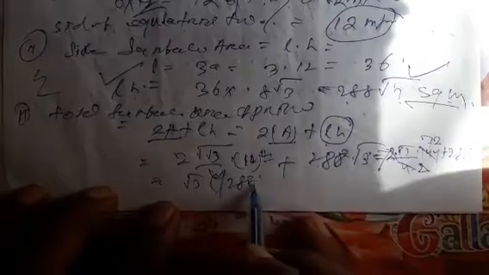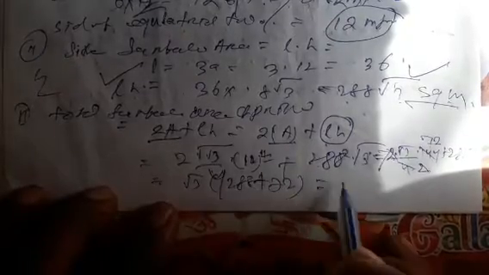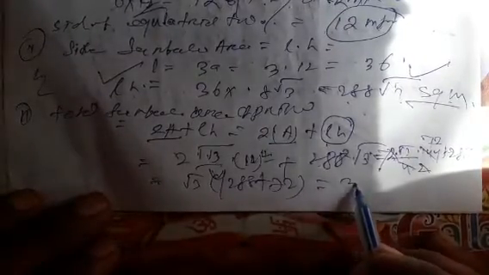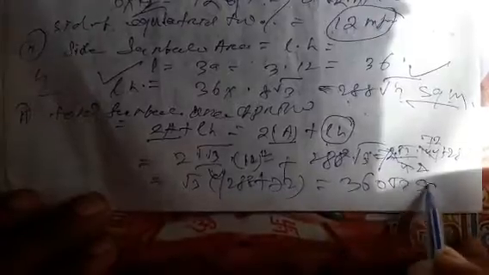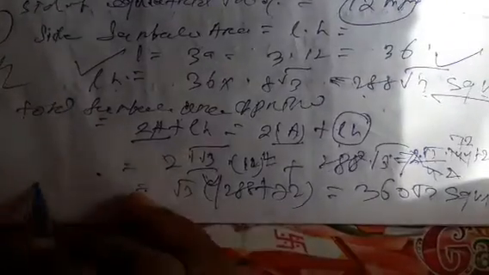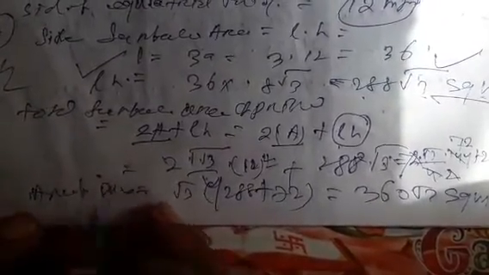So 288 plus 72 equal to 360√3 square meter. The area of the prism is equal to 360√3 square meter.